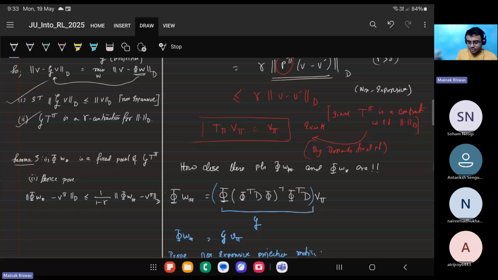T pi equal to V pi, I know already from my tabular form. Now I'm trying to find out the same form in the TD0 algorithm, because I don't have access to the V pi. I don't have access to the model, and I only have an algorithm that I define. So I'm trying to find out what is the operator, what is the contraction, and what is the fixed point. Fixed point we have found, and now we are trying to see how different the fixed points are from one another.